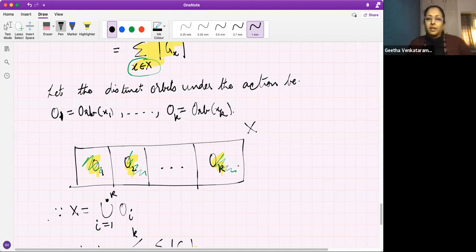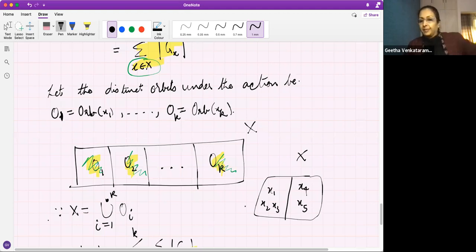Let me give you a very quick example. Suppose I had this as X, and maybe there are just 2 orbits. Here I have x1, x2, x3, and here I have x4 and x5.